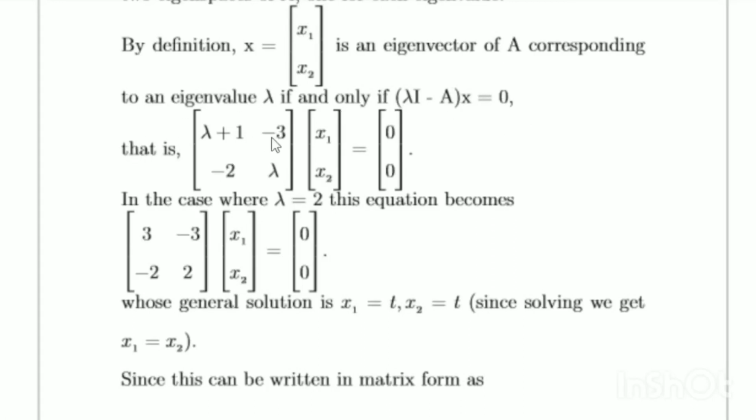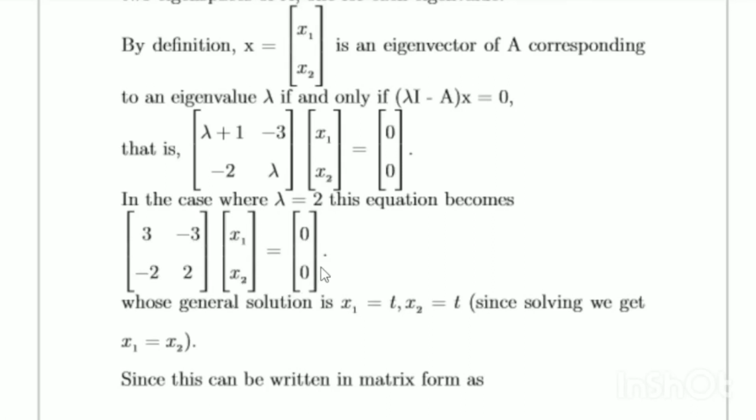That is, lambda plus 1, minus 3; minus 2, lambda, into x1, x2 equal to 0. When lambda equal to 2, the matrix becomes 3, minus 3; minus 2, 2, into x1, x2 equal to 0. So you will get two equations, 3x1 minus 3x2 equal to 0 and minus 2x1 plus 2x2 equal to 0.